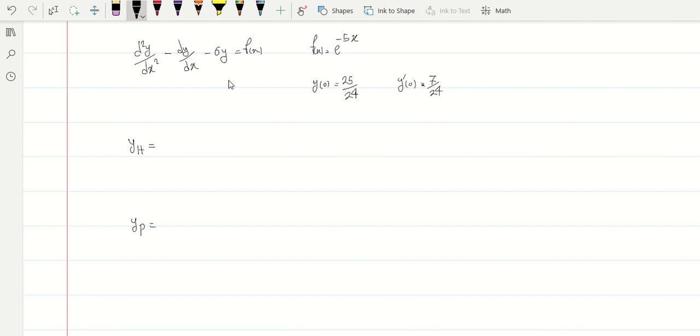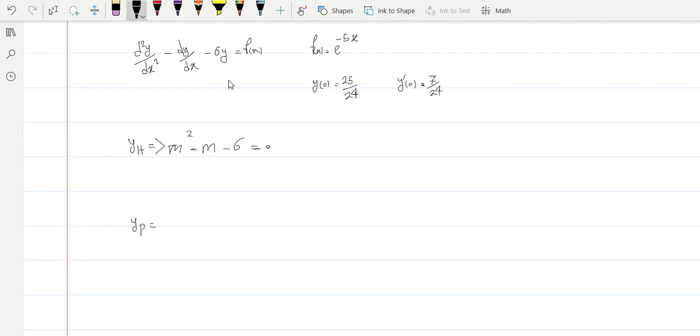So to find the homogeneous answer, we're just gonna say f of x would be equal to 0 in this case. And we are gonna say that the characteristic equation would be equal to m to the power of 2 minus m minus 6, which would be equal to 0.